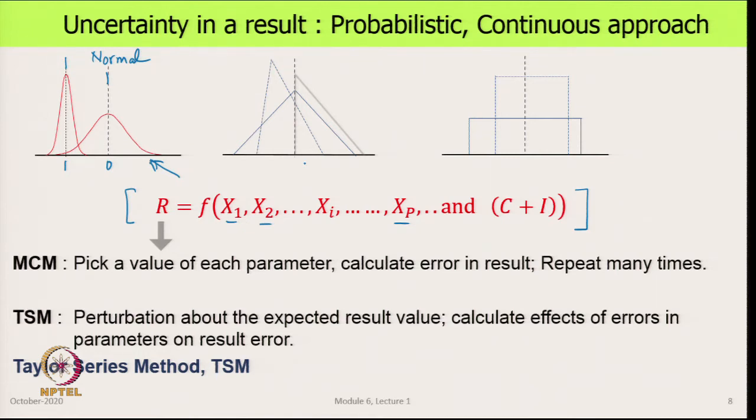The second depiction is of a triangular distribution function. The simplest one is that this is the mean value, and about that we have this one here goes up there and comes down over there. This is symmetric, but that need not be the case. It could be asymmetric, like it has been shown here with this dotted line.